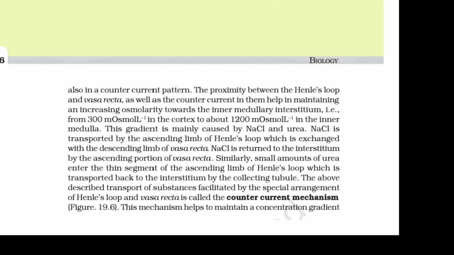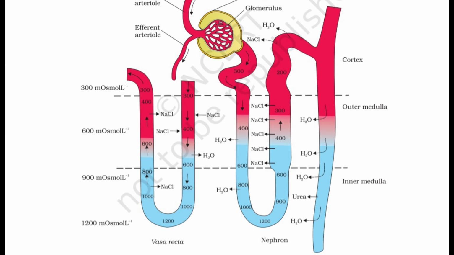The above described transport of substances, facilitated by the special arrangement of Henle's loop and vasa recta, is called the counter current mechanism. Refer to figure 16.6: Diagrammatic representation of a nephron and vasa recta showing counter current mechanisms.